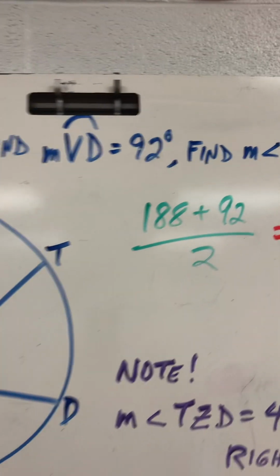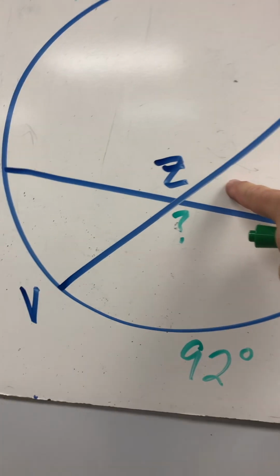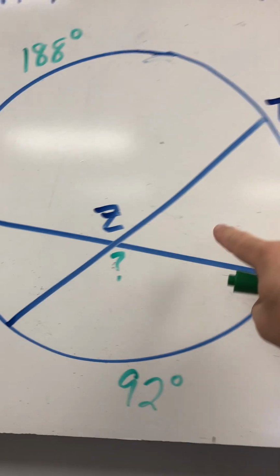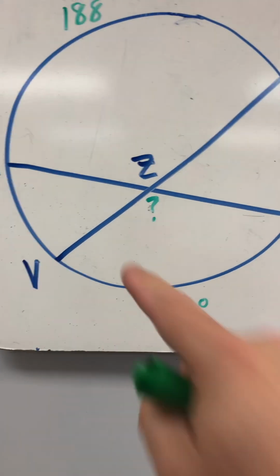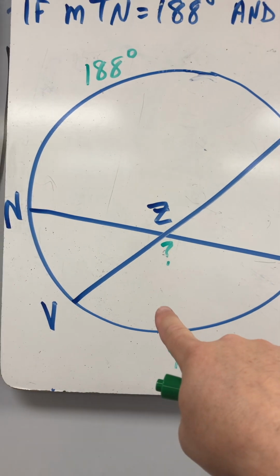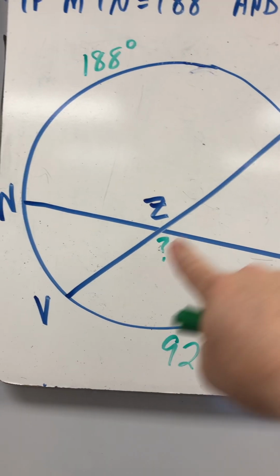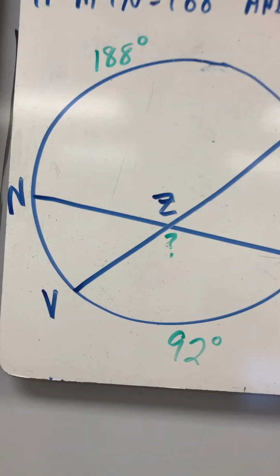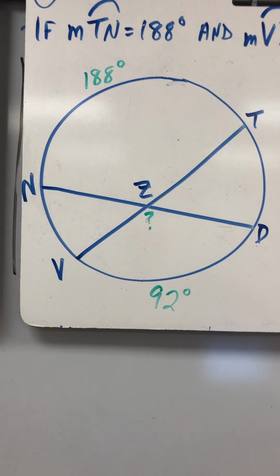Now note, what if you were asked what this angle is here? If you were asked this angle, that would be TZD, right? If this guy is 140, wouldn't this one be 40? Because these are two angles that add up to 180, right?